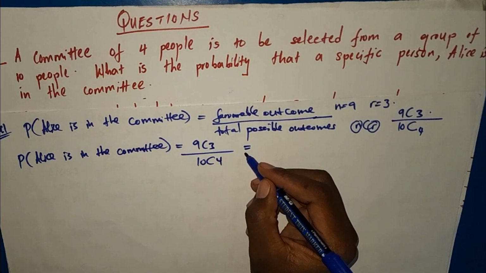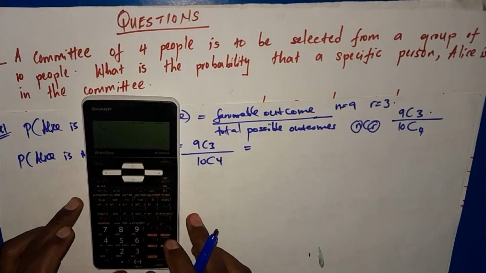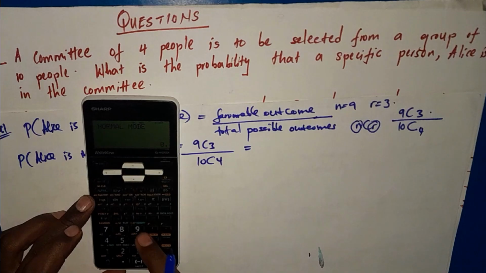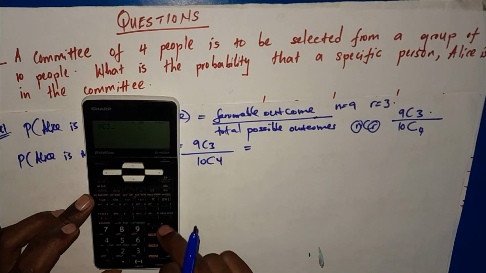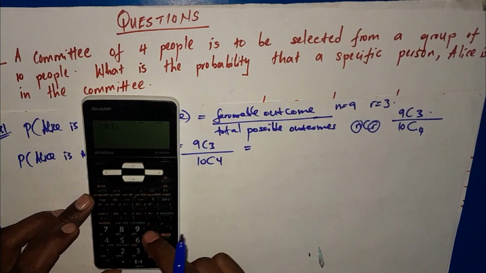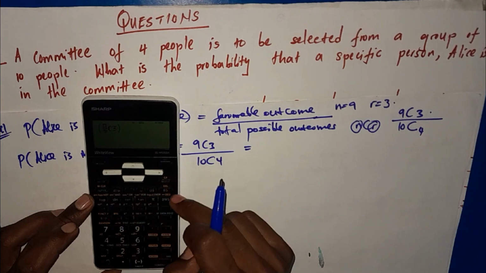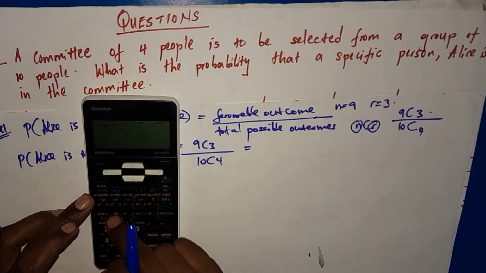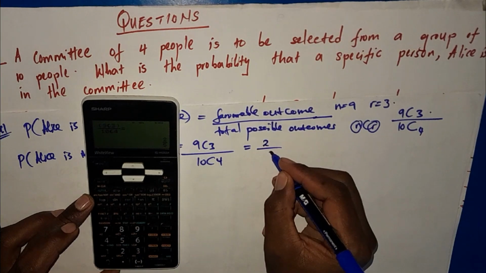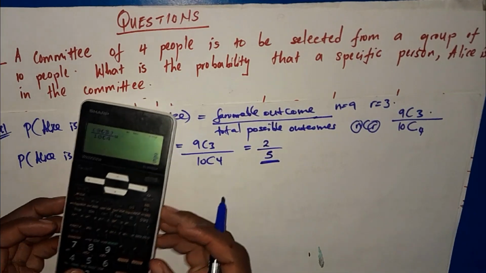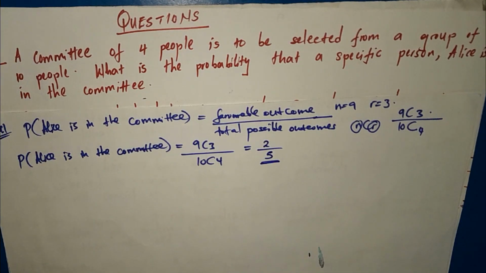The shortcut we are going to use on the calculator: 9, second function, choose 3, then put this in brackets, all over 10, second function, choose 4. This is equal to 2 over 5. So this is the probability that a specific person, Alice, is in the committee using the combination formula.